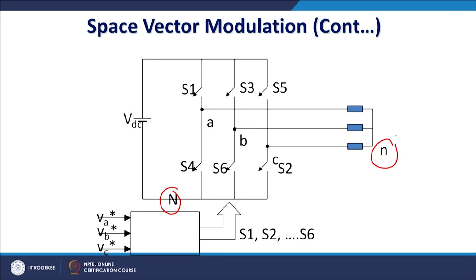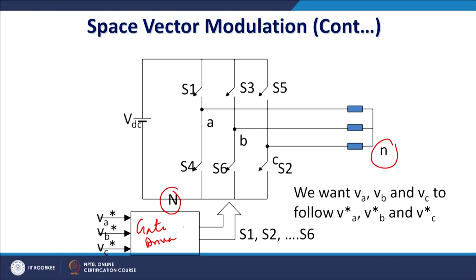Generally we will have references VA, VB, VC that will be fed to the gate driver to generate the desired voltage, and generally it will be a closed loop control. What we want is that VA, VB, VC should follow the references VA star, VB star and VC star.